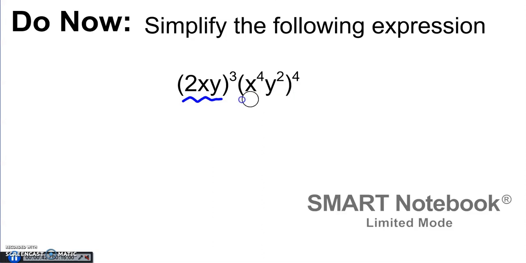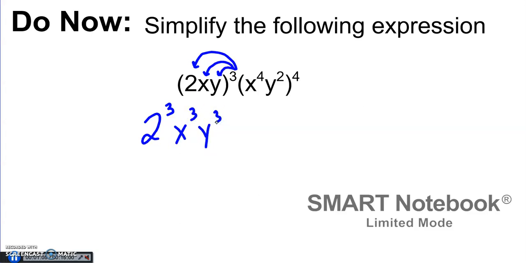So we are actually going to be using the power of a power property, and we're going to distribute this 3 inside to every single power. So now we have 2 to the first, x to the first, y to the first, getting raised to the third. So it's going to turn into 2 to the third, x to the third, and y to the third.